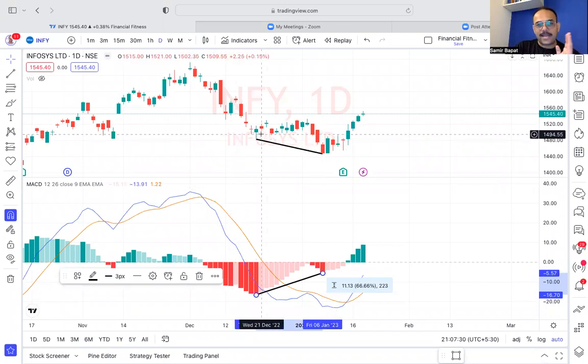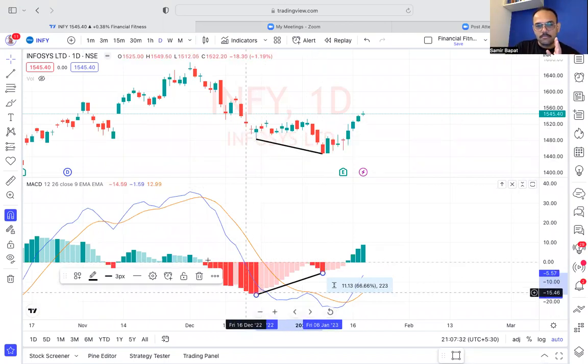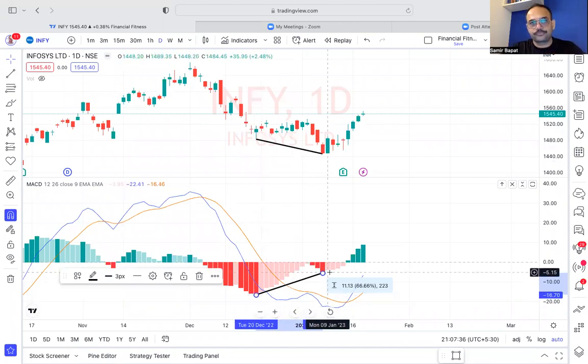So the price action is going down, but the histogram V shape is going up. Clear? Yes, no?